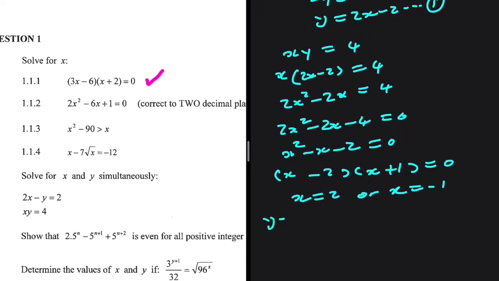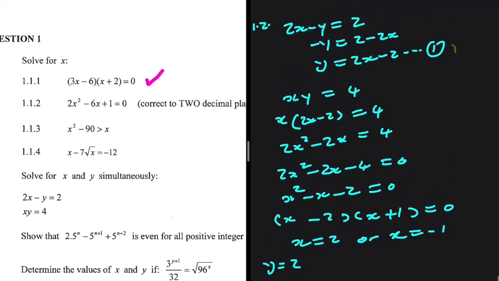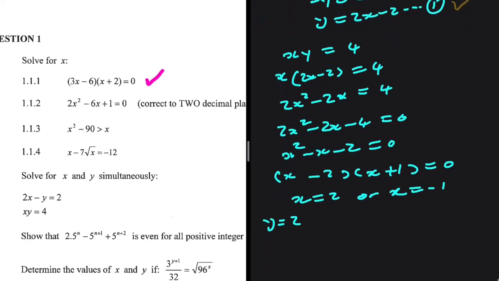I'm substituting into this equation. y will be equal to 2 multiplied by 2 minus 2, so y will be equal to 2. Or y will be equal to 2 multiplied by minus 1 minus 2, so y will be equal to minus 4.